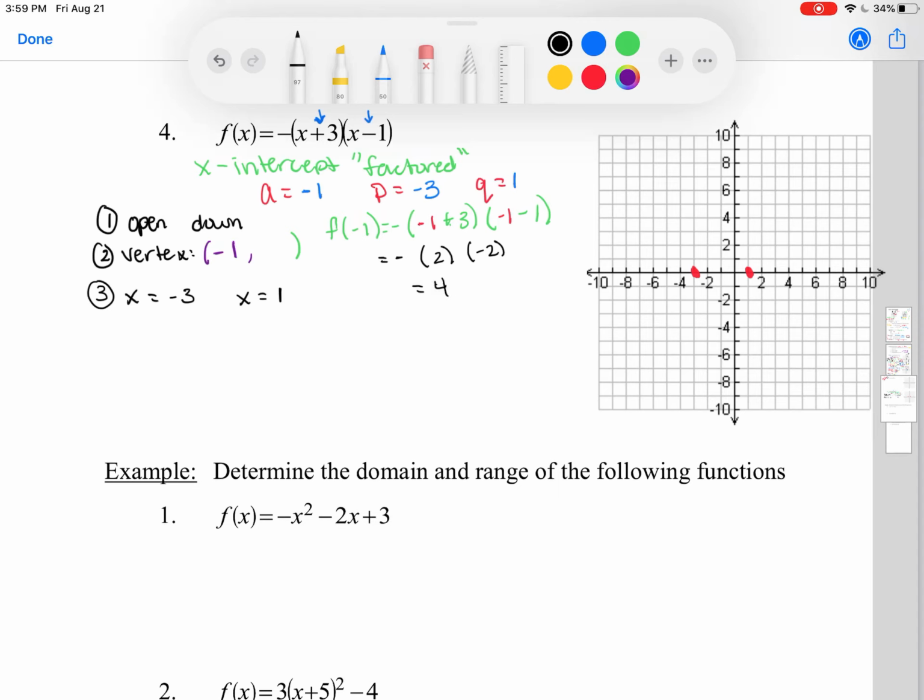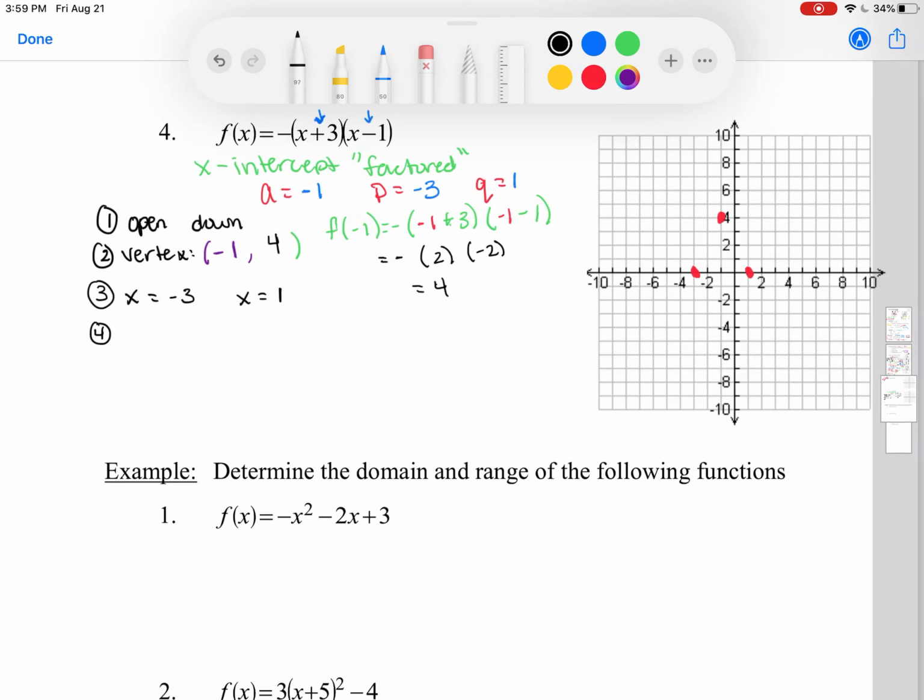And we should get a +4, and that +4 is going to be my y coordinate on my vertex. And once I know that, I can go to my graph and I can plot -1, 4. So I have 3 points now. Let's go ahead and see if we can get 5 points on my graph. And let's do that by going on to step 4, identifying my y-intercept.